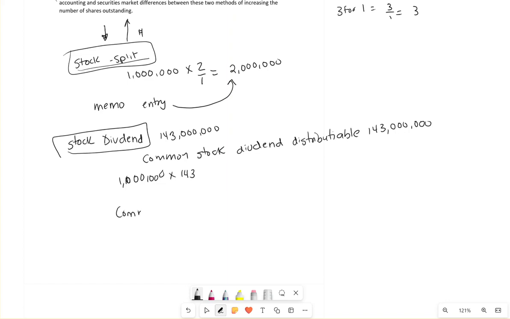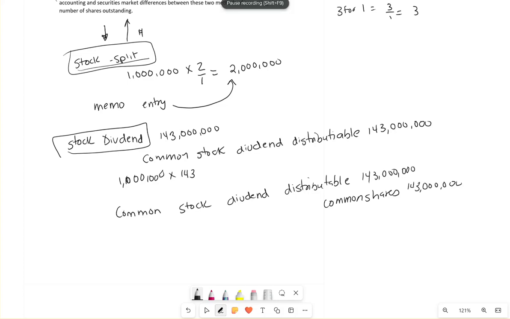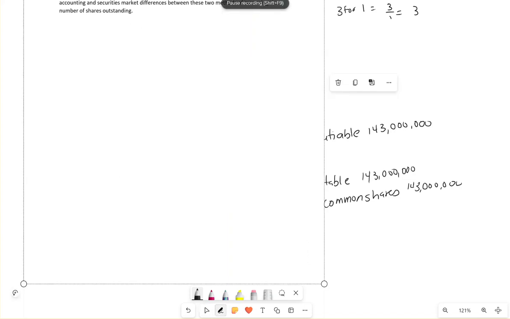When you distribute it, we will debit common stock dividend distributable, and then credit will be your common shares.